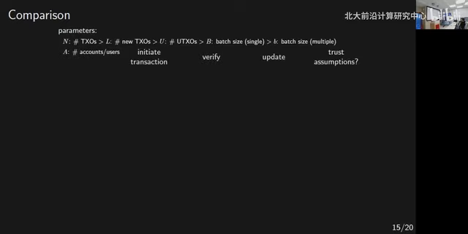So let's look at 3 tasks and 1 question. The tasks are initiating a transaction, verifying it, and updating it.